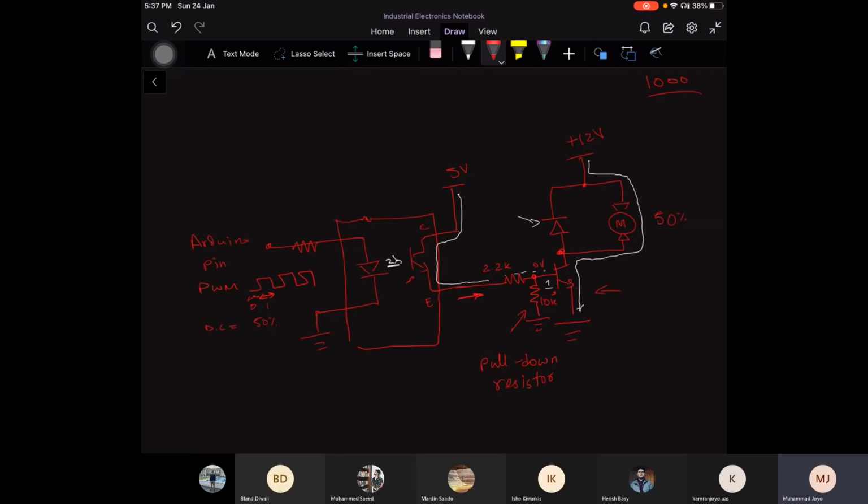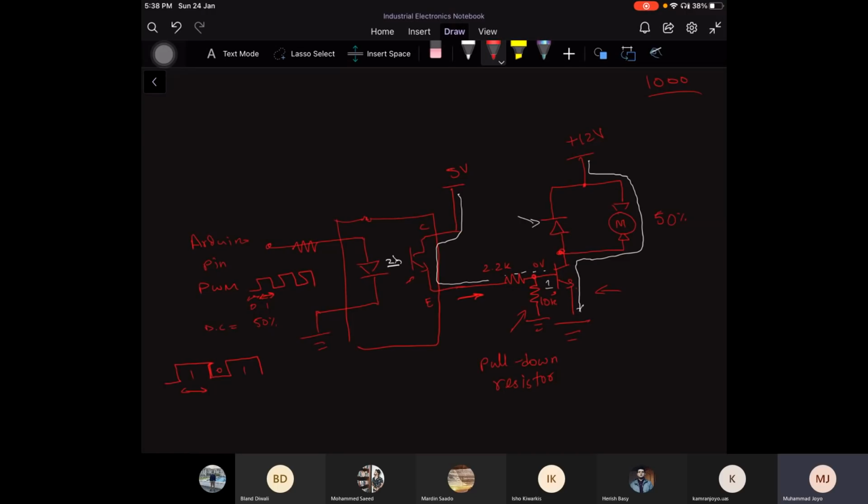So if I want to increase the motor speed, what I will do is increase this time. The time to remain high will be increased, and the time to remain low will be decreased.